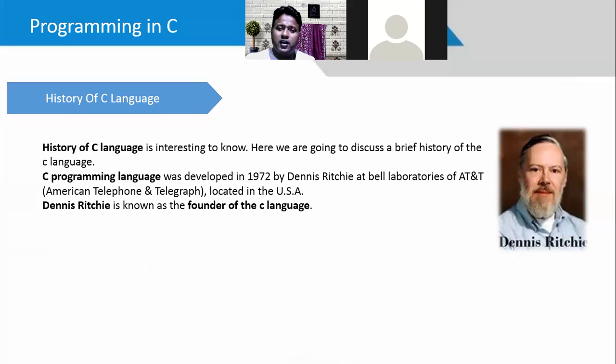It is not that only in 1972 the C programming language came. A lot of programming languages were present earlier. The first fast computers came in 1942. But since it is a machine, it needs some kind of instruction.